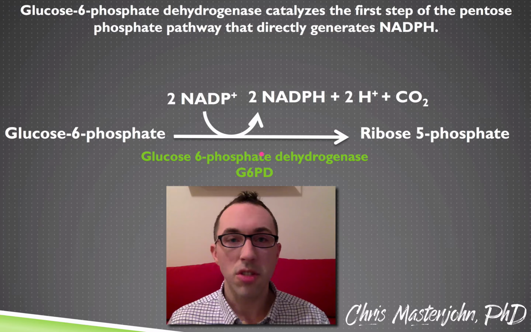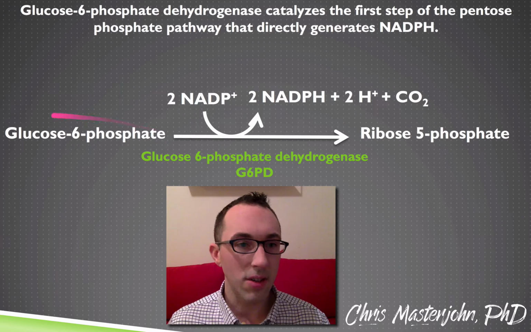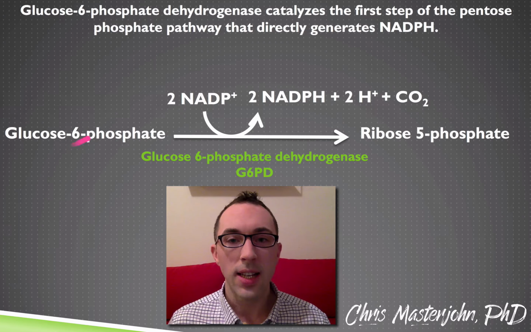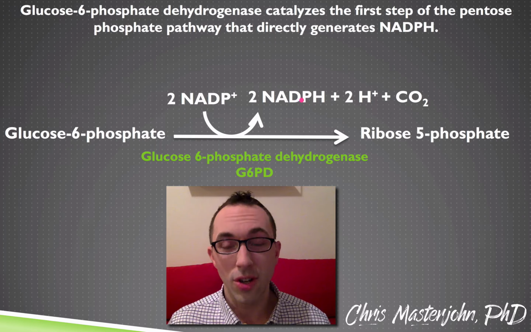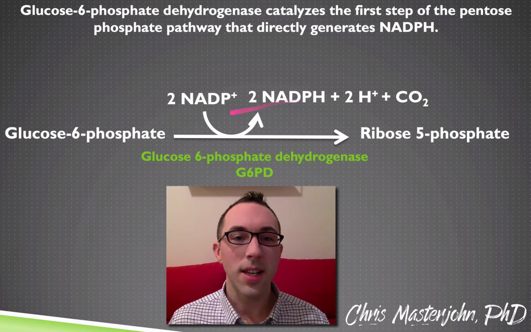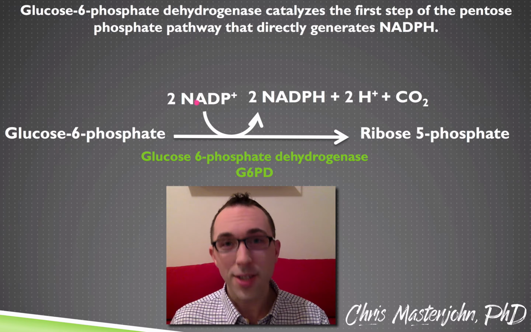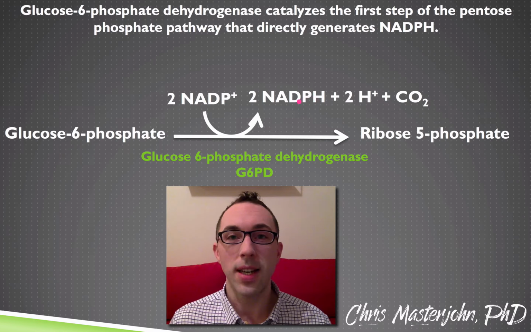The name straightforwardly follows from the fact that glucose 6-phosphate is having its hydrogens taken away along with electrons, and it's being dehydrogenated so that NADP plus can be hydrogenated to make that NADPH.